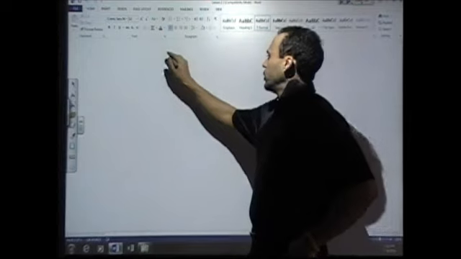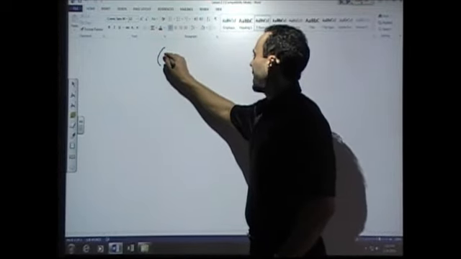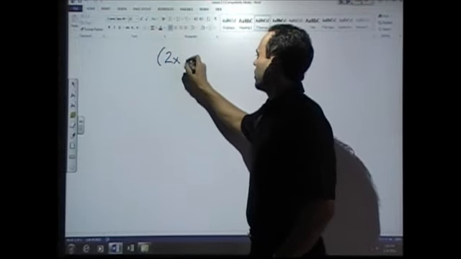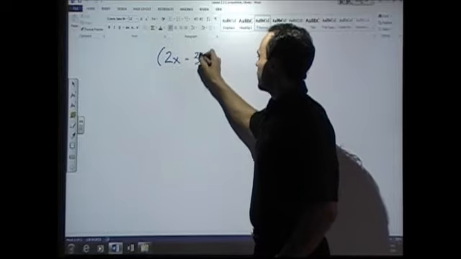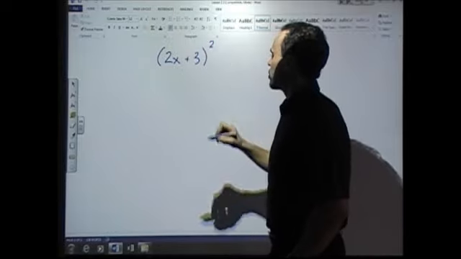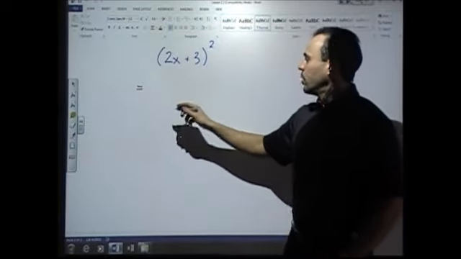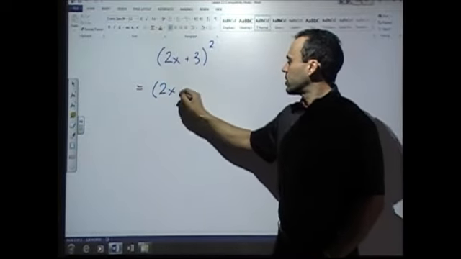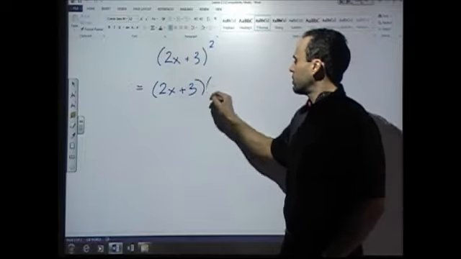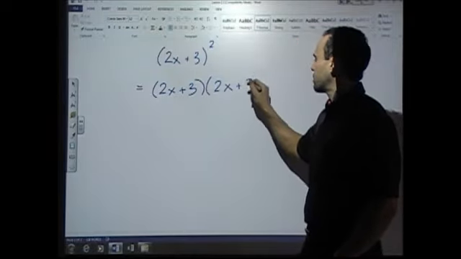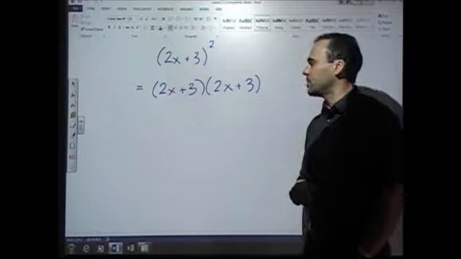Now, let's take a look at these ones here. Again, I'm going to pull up a blank screen, but it's very important you know how to expand something that looks like this: 2x plus 3, all squared. The way you would do this, the long way, would be to write 2x plus 3 times 2x plus 3, because 2x plus 3 squared means this bracket times itself.